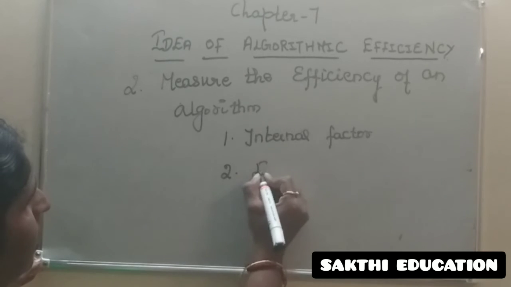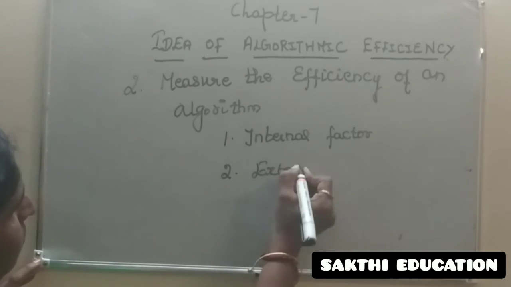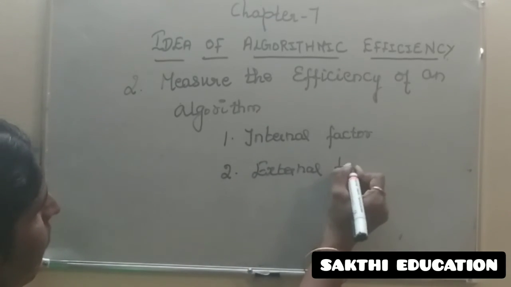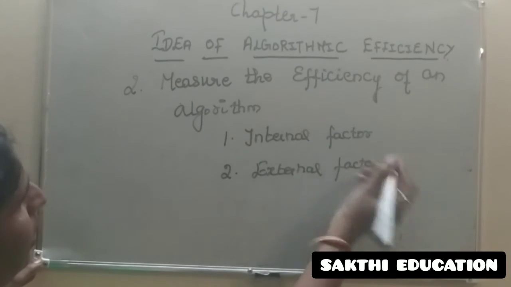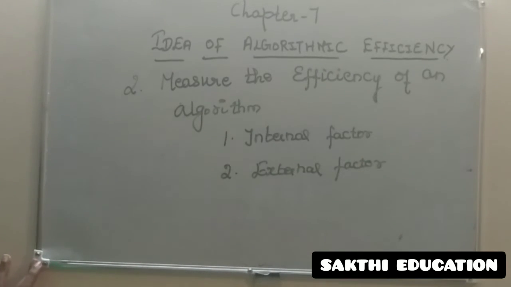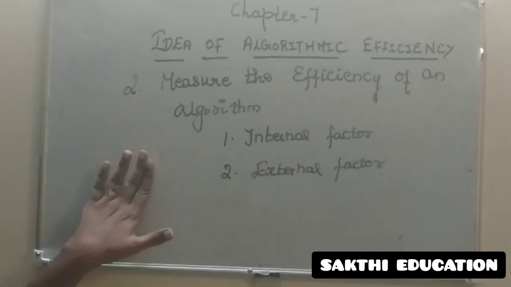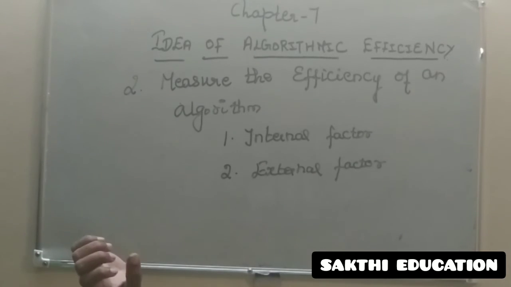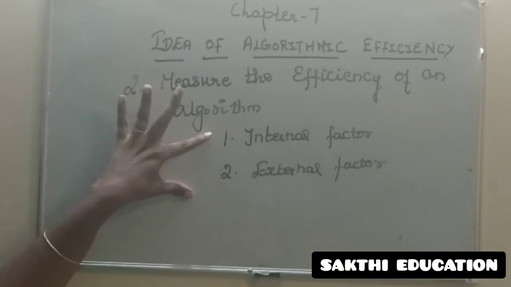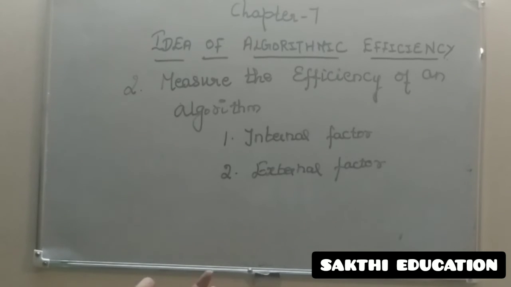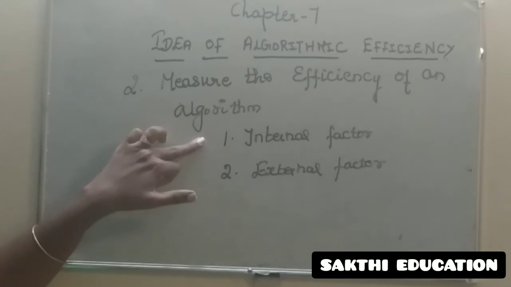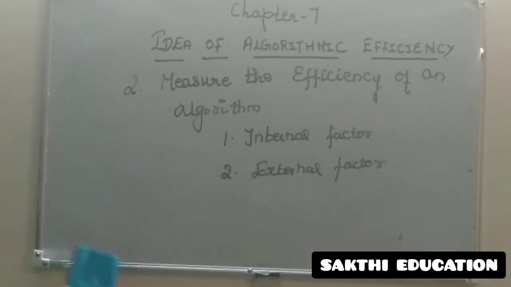Second one is external factor. Efficiency refers to the quality of an algorithm. In what way are you going to measure the quality of an algorithm? By using two factors we can measure it, internal factor and external factor. Now we will discuss internal factor.